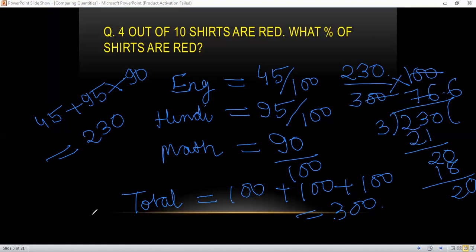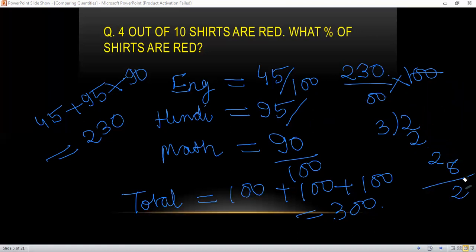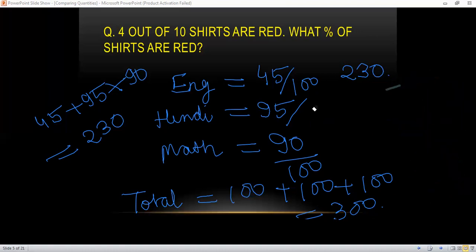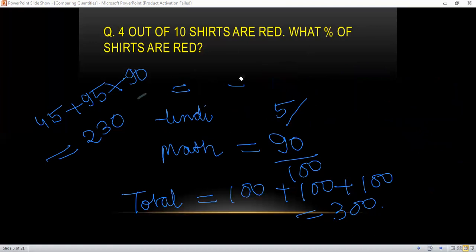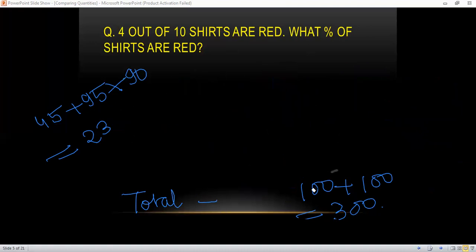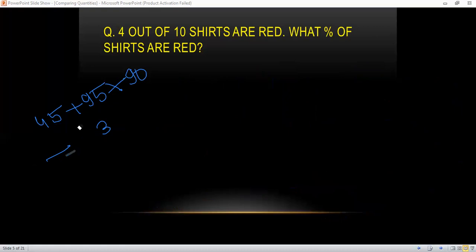So like this we get percentage. Okay. Now let's move to the next topic. So like this, you can find the percentage. The percentage basically is in fraction, and if we multiply by 100, we get the value in percentage.